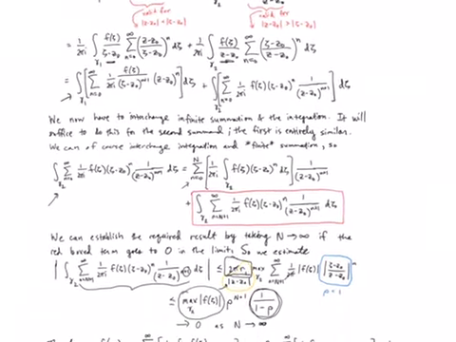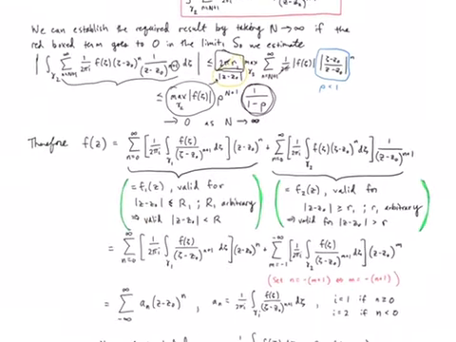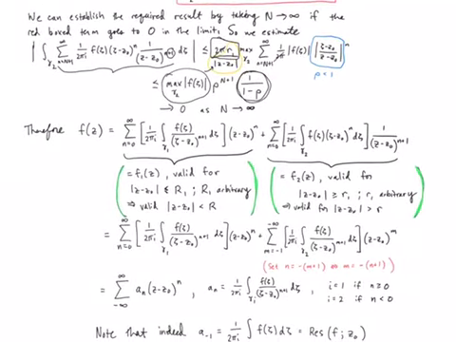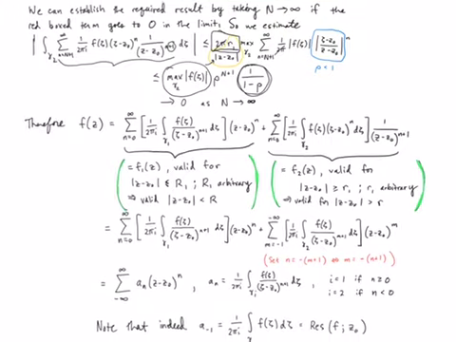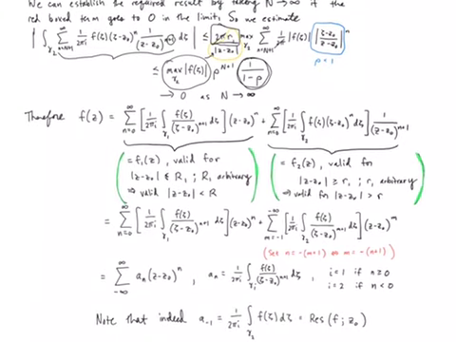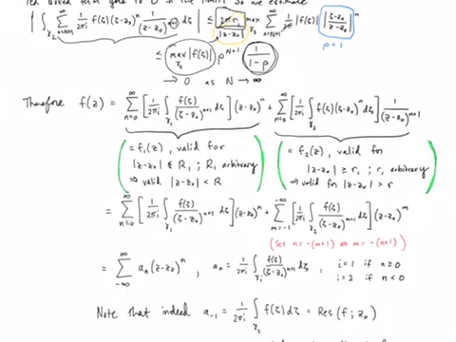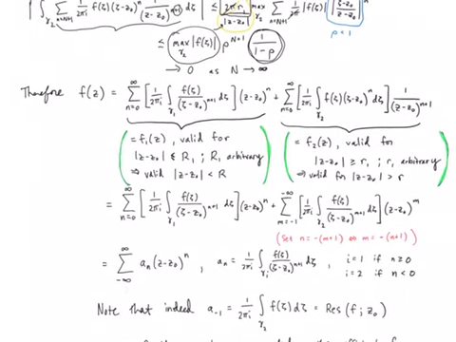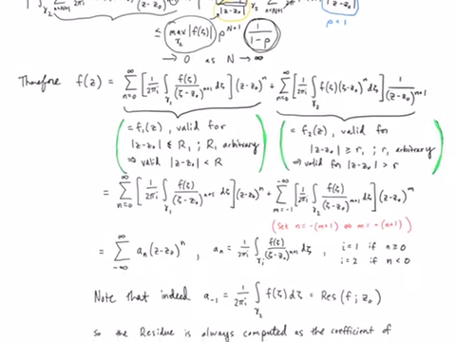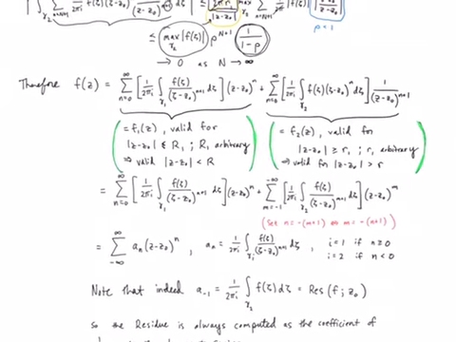After you pull the infinite sums out, you have the sum of two infinite summations of integrals, and then since your z minus z naught doesn't involve any zetas, you can pull them out of the integral. And so you just have those integrals there, times z minus z naught to the n and z minus z naught to the negative n plus 1. So that's first and second term respectively there. So that's what we've come down to.